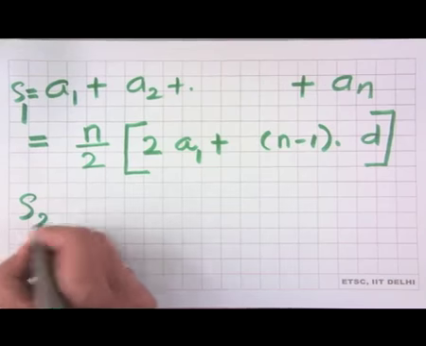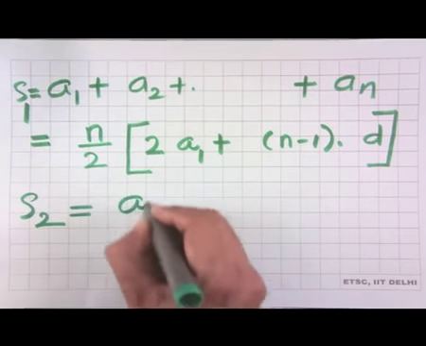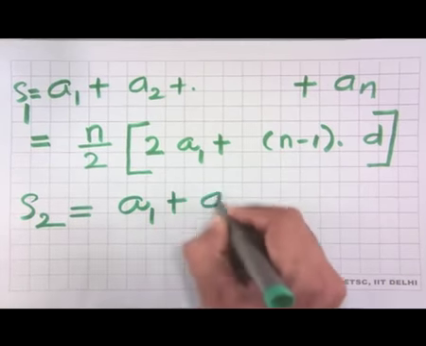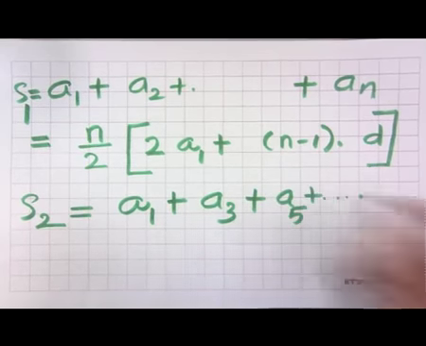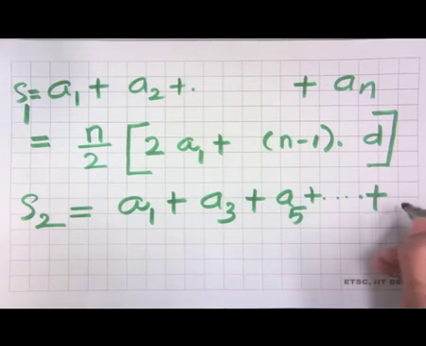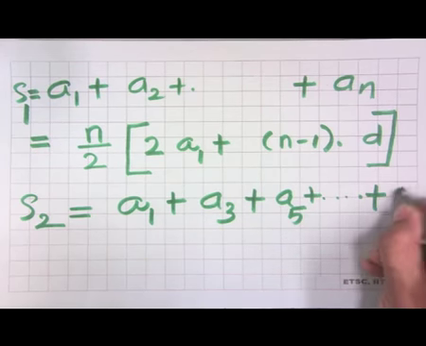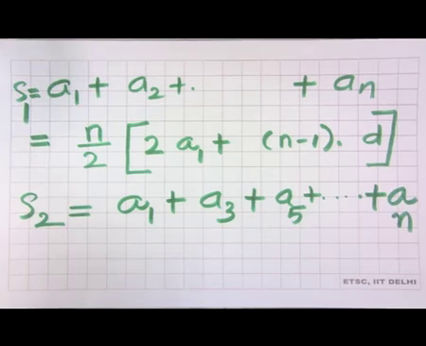Therefore, S2 is A1 plus A3 plus A5 plus etc. plus, since n is given to be odd, the sum under consideration ends up with An.